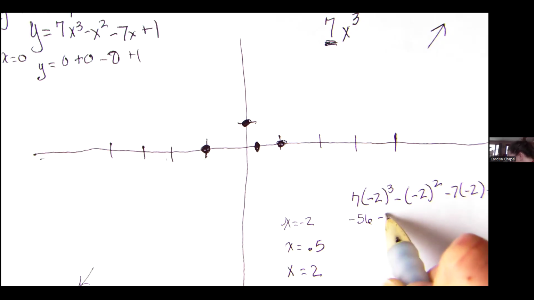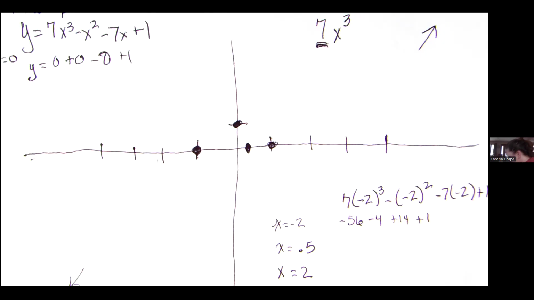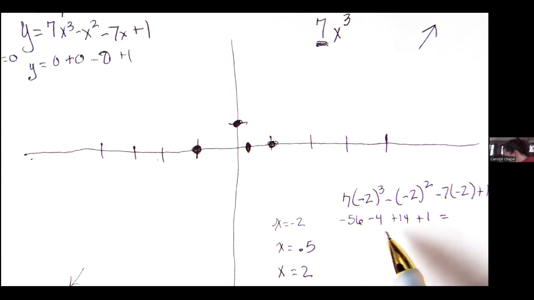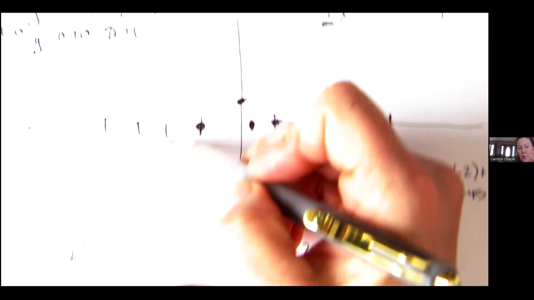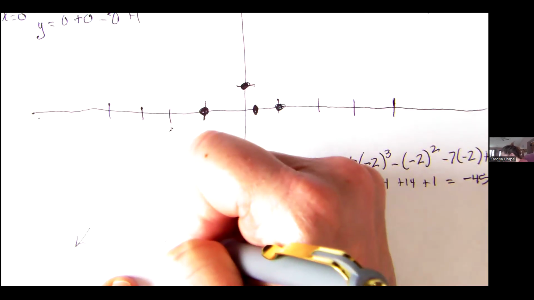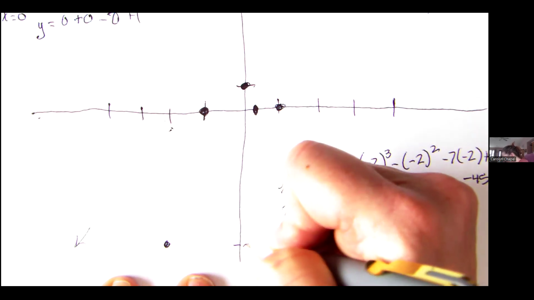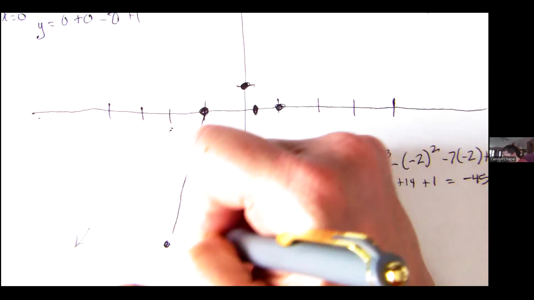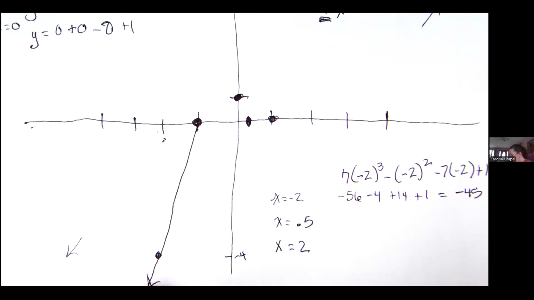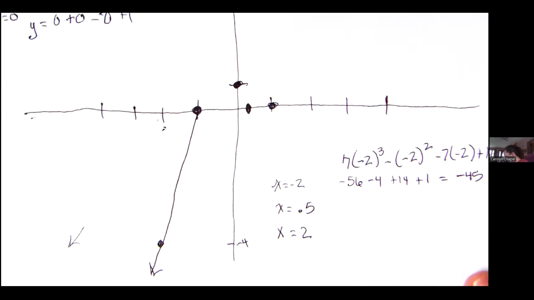That's minus 4 plus 14 plus 1. So that's going to give me -45. So at -2, I'm way down here somewhere at -45. So it's going to drop really, really quickly and continue to go down as our function goes down.